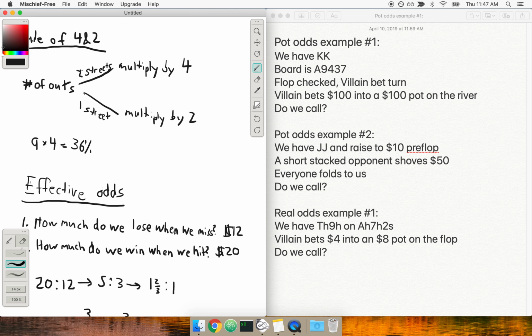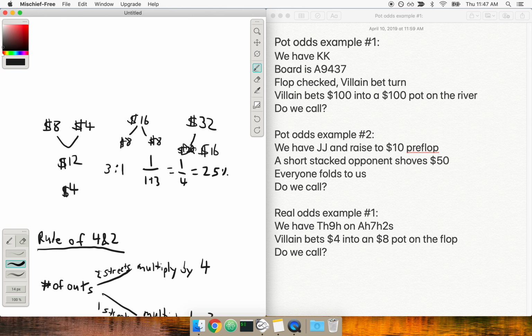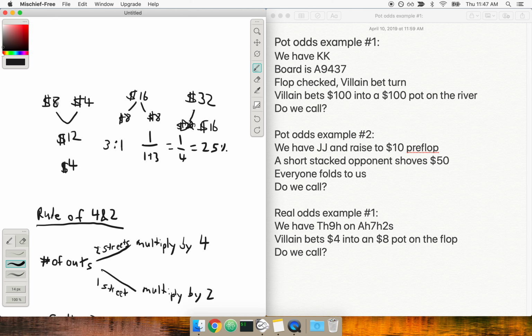So now we change our answer. How much do we win when we hit? Previously we said the 12 plus the 8 is 20. And then with implied odds, we added another 20 to say 40.